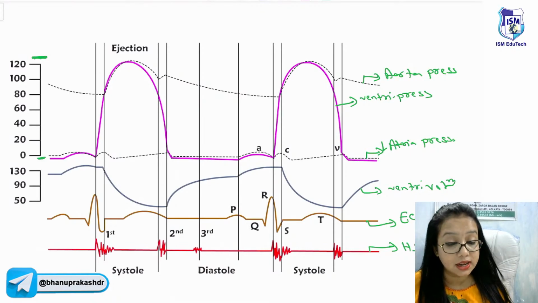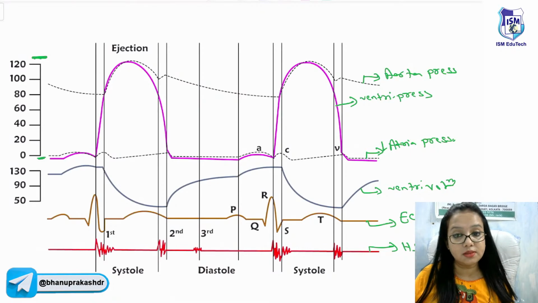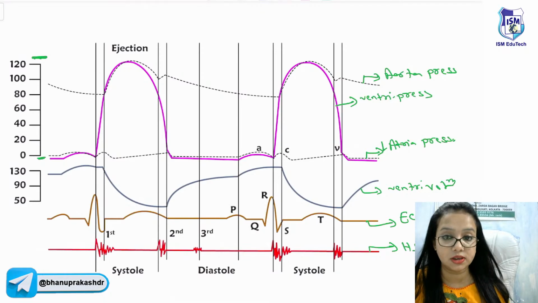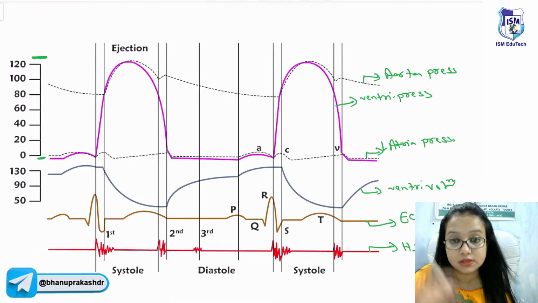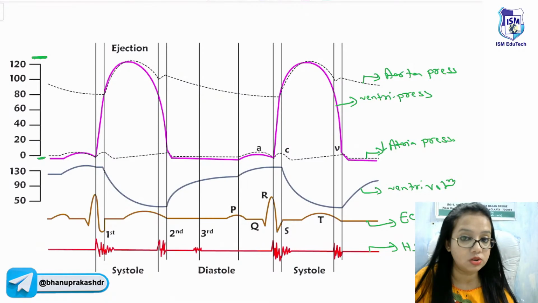But in the right ventricle, it is from 0 mmHg all the way only till 25. So, the amplitude of these graphs is smaller on the right side. That is the only reason.